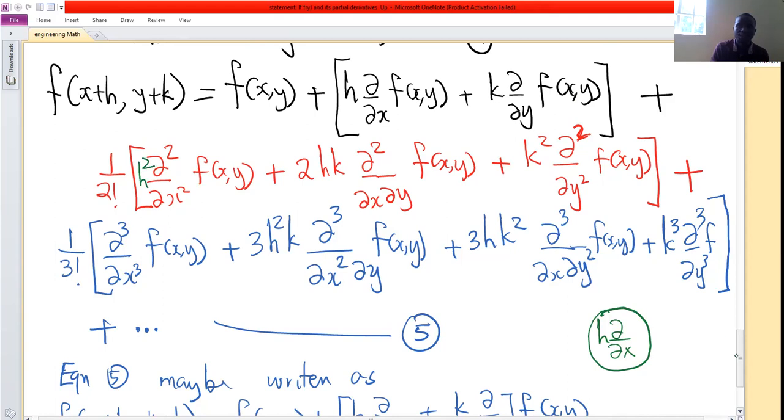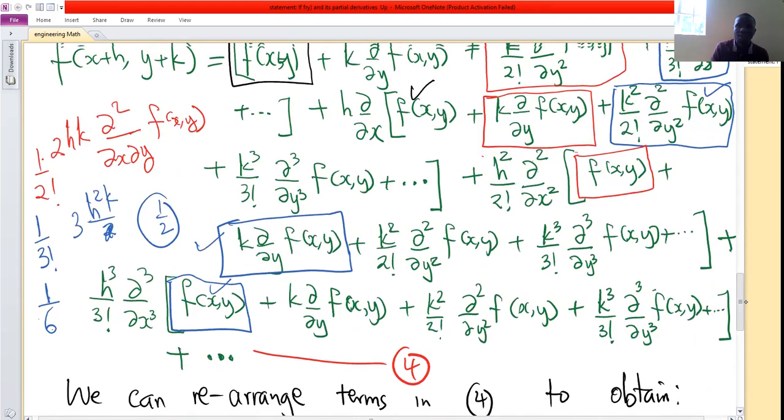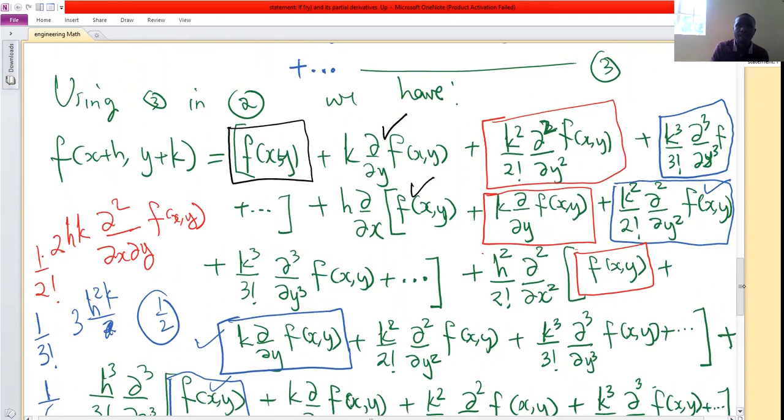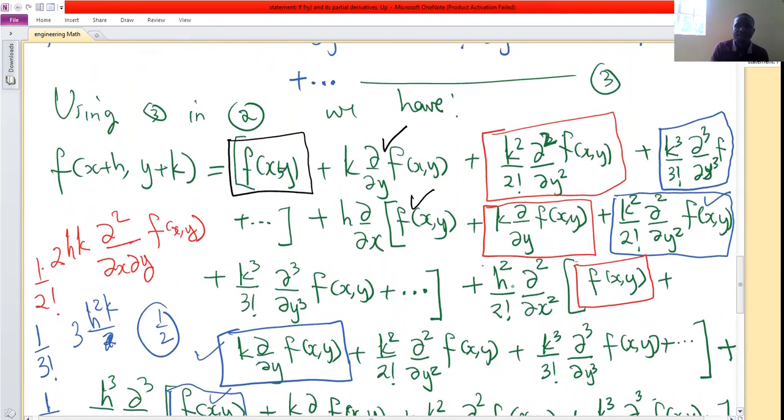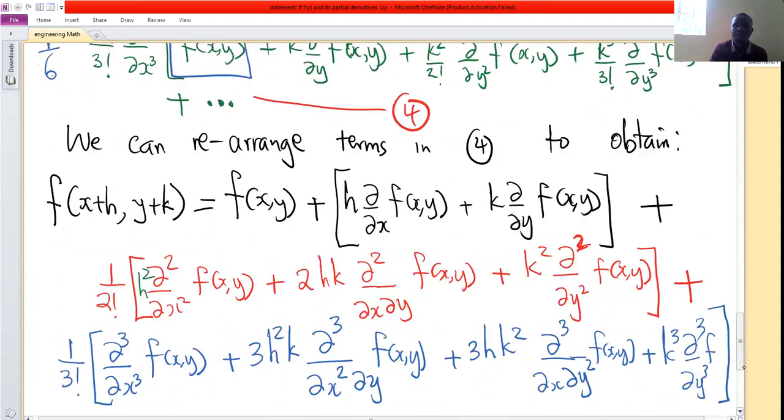You can see it clearly from where we are getting those. We had this term here, h squared, k squared, and then the second one, so that h squared was at this point here. When you multiply h squared over 2 factorial times this one, you get that h squared. That's why I'm putting it there.